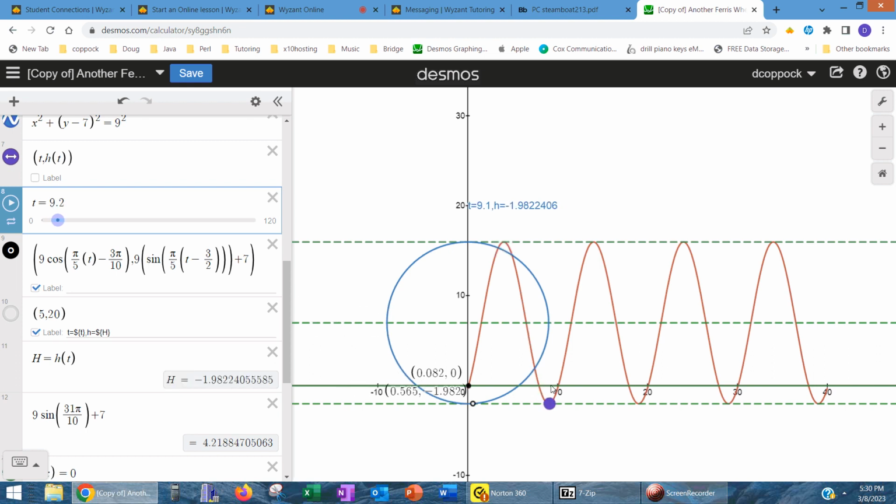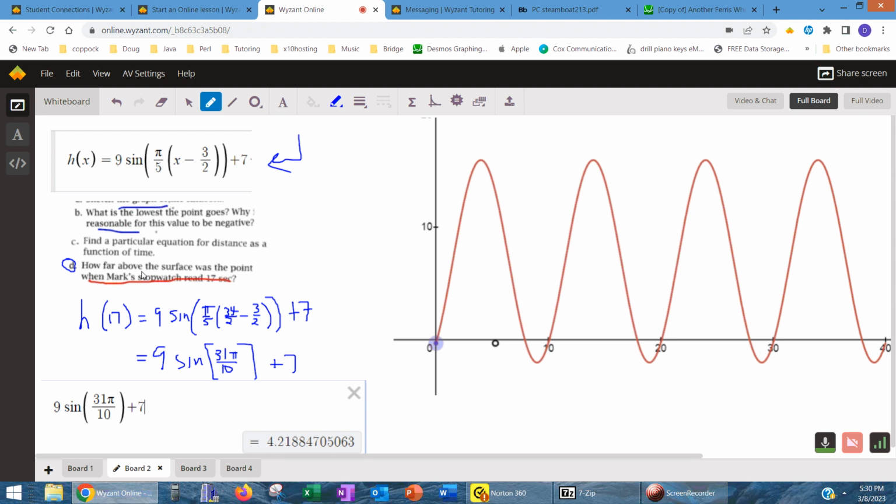Okay, and there it is. That's when it reaches the bottom point right there. Okay, now let's see what else we got. How far above the surface was the point when Mark's stopwatch read 17?